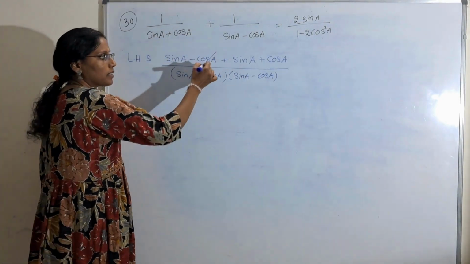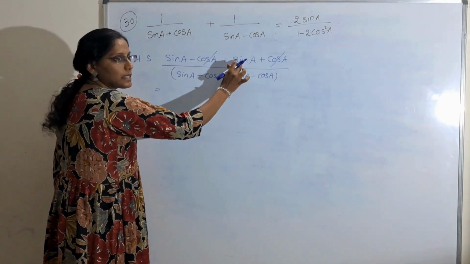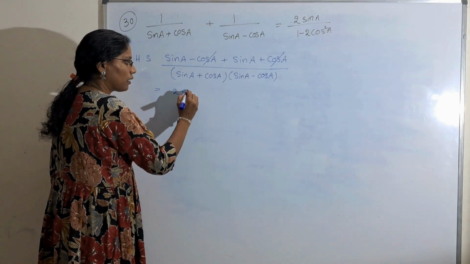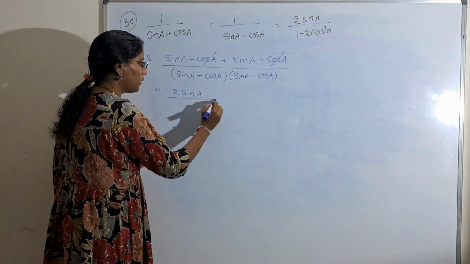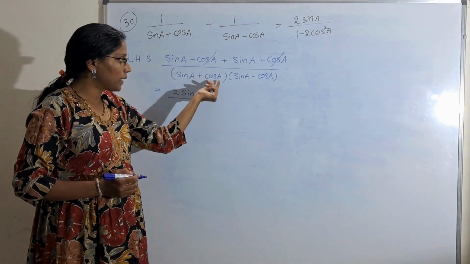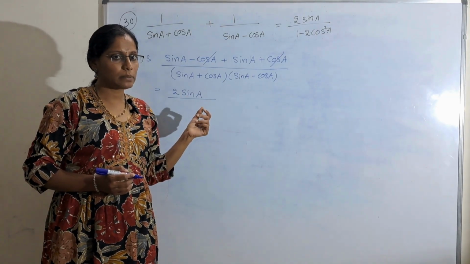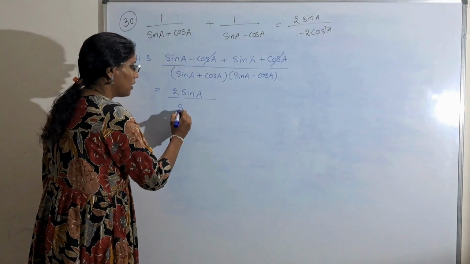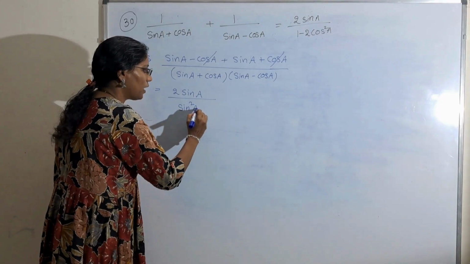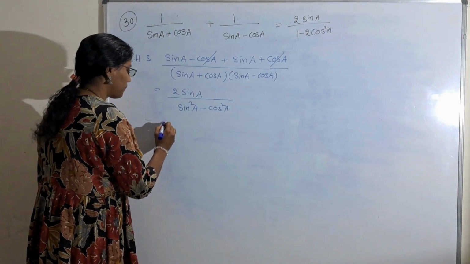Here the cancellation: minus cos A plus cos A cancel. Remaining sin A plus sin A, which is 2 sin A, by... what formula can we apply here? A plus B, A minus B, the A square minus B square formula: sin square A minus cos square A.